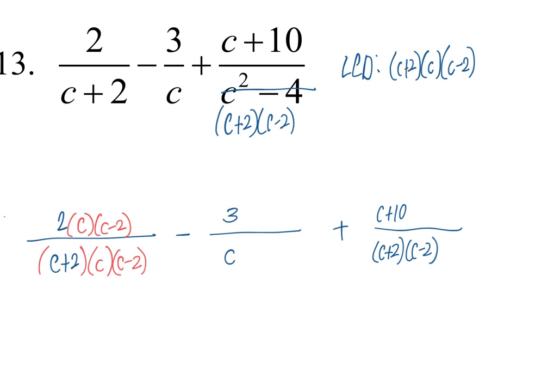It's missing quite a bit. It's missing a C plus 2 and a C minus 2. And to finish it off, C plus 2, C minus 2, what's it missing? A factor of C.